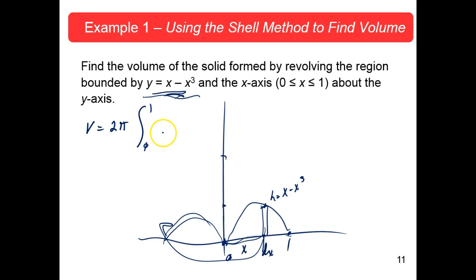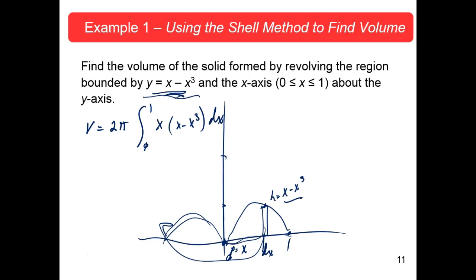Yes, okay, good. Then x, the radius, and you have your height, which is x minus x cubed, times your dx. 2 pi times the radius times the height times your width. Got it? Not really that bad.